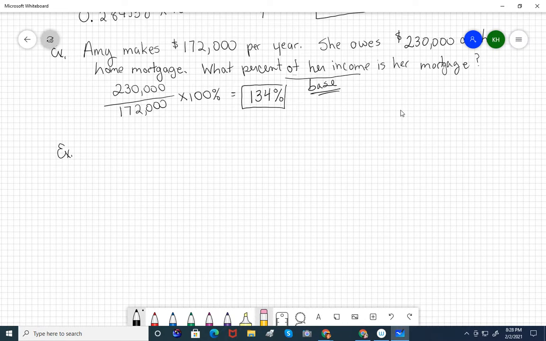Let's stick with houses. If you buy a house, you purchase a home for $92,000 and you sell it 10 or 20 or 15 years later, sometime, I don't know, for $134,000.